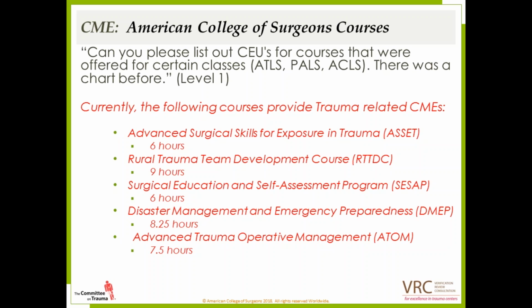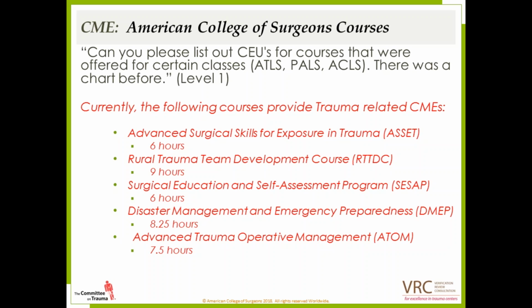I had a question, actually a more recent one, but I did bring the response over. Can you please list out CEUs for courses that were offered for certain classes, ATLS, PALS, ACLS, etc.? There was a chart before, and they're right, the chart came from the 2016 webinar.